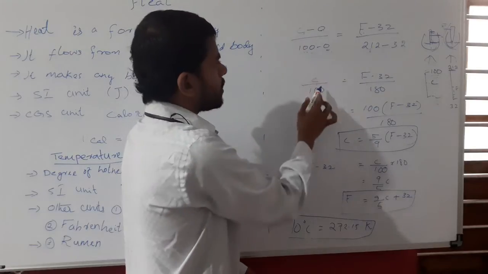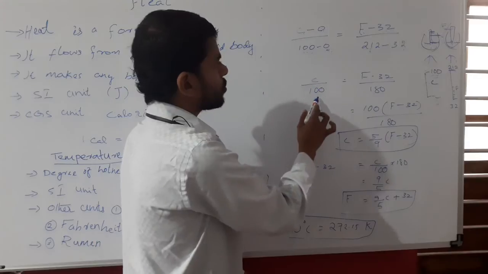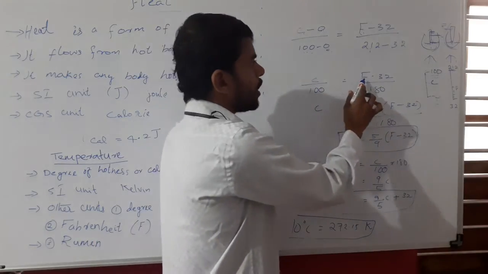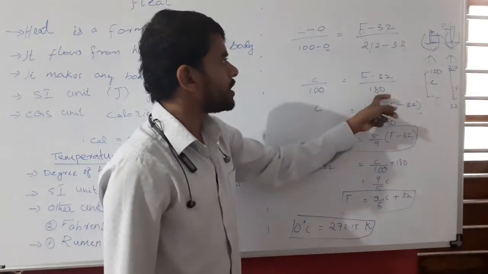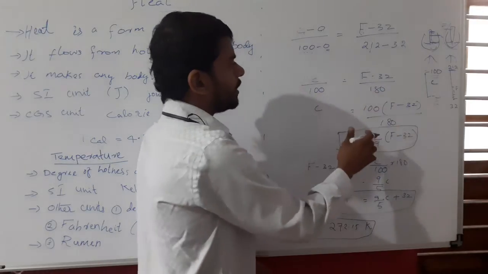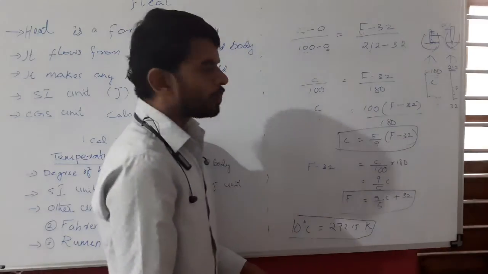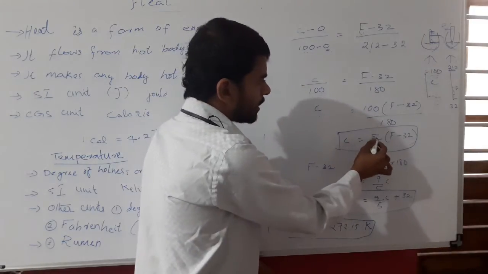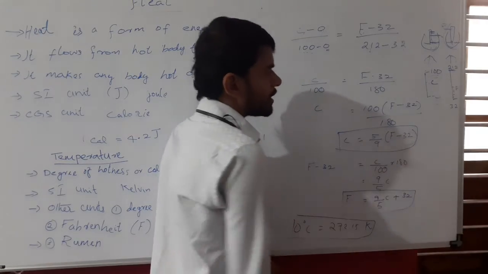So C minus 0 is C, 100 minus 0 is again 100. So C by 100 will be equal to F minus 32 divided by 180. 212 minus 32 is 180. So C is equal to, bringing the 100 here, 100 divided by 180 into F minus 32. So 100 by 180 is nothing but 5 by 9, so C equals 5 by 9 into F minus 32.